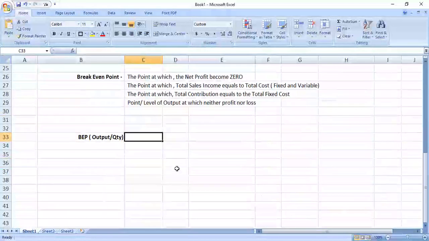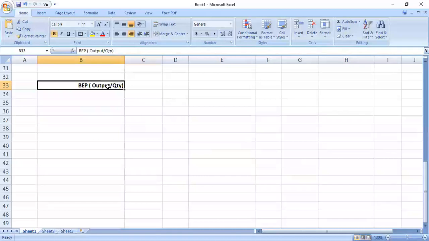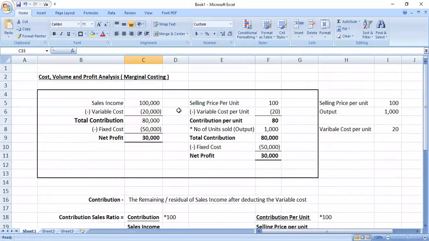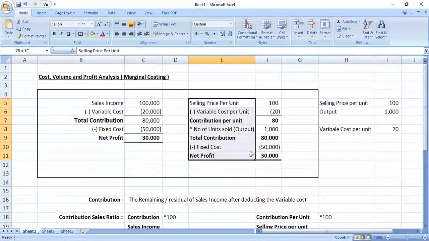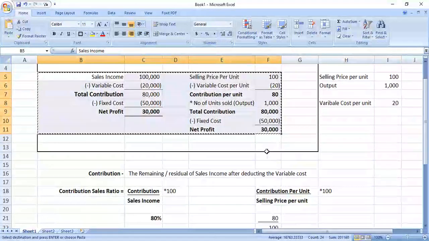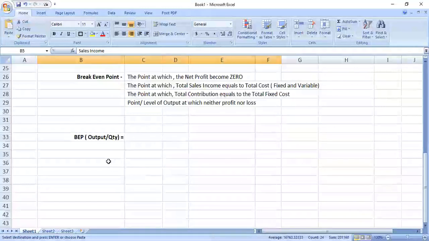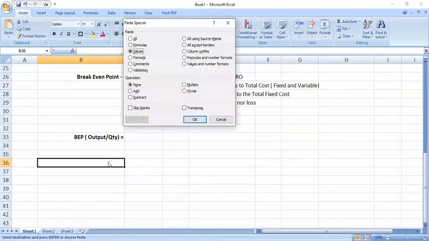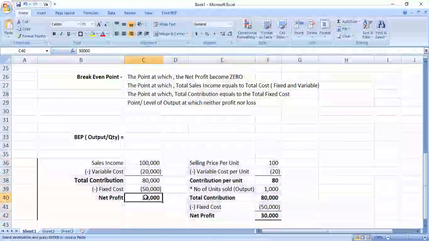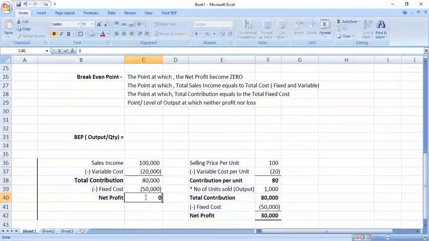Now we want to find a formula for break even point. At what quantity it becomes break even, we have to find a formula, right? We know some characteristics of break even point. We want a profit of 0 now, guys.